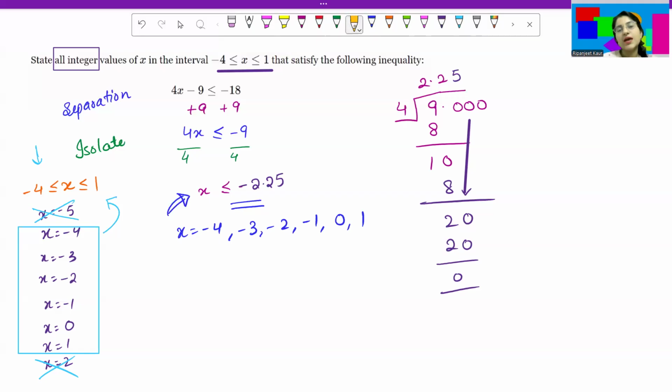Do you think x equals negative 4 is less than negative 2.25? Yes. Let me change the color. So negative 4 is less than negative 2.25, right?